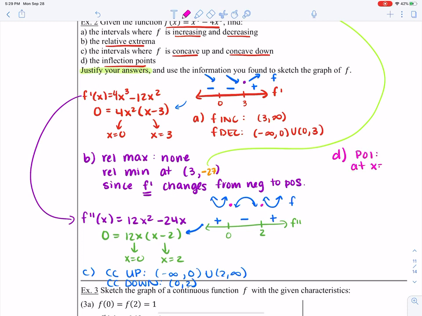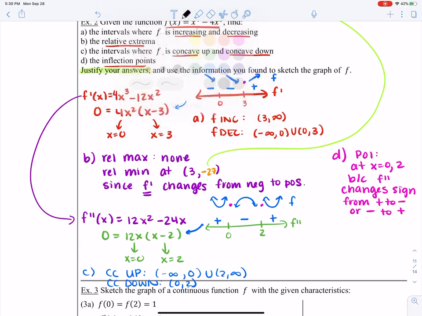It's concave up from negative infinity to 0, also from 2 to infinity. It's going to be concave down from 0 to 2, which means I can also now answer part D.